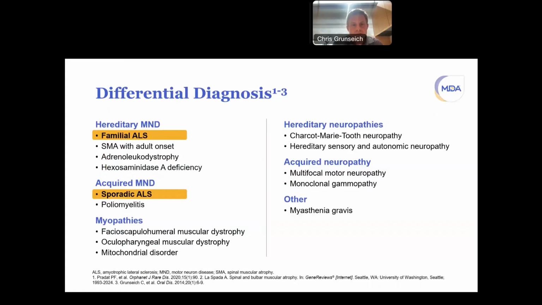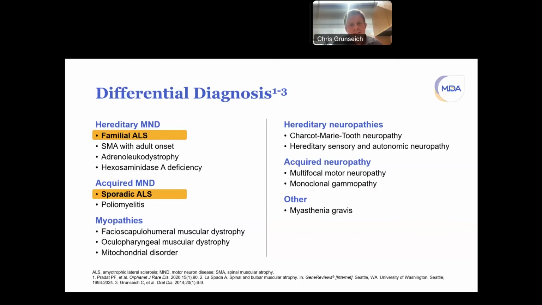Adrenoleukodystrophy and hexosaminidase A deficiency can also be considered. Other forms of motor neuron disease that are acquired are also in the differential, such as sporadic ALS and poliomyelitis, not as common right now with vaccines, and myopathies, including FSHD, oculopharyngeal muscular dystrophy, and mitochondrial disorders.